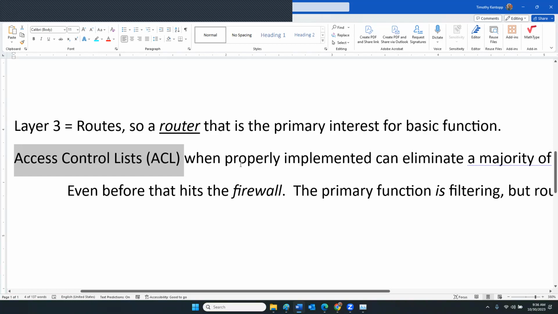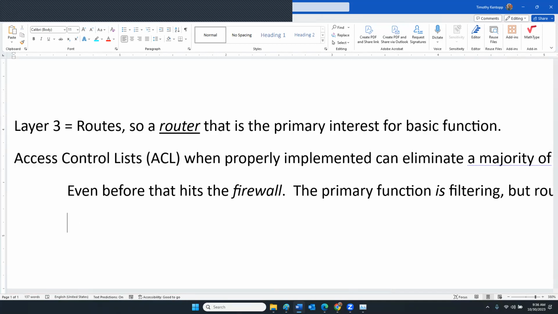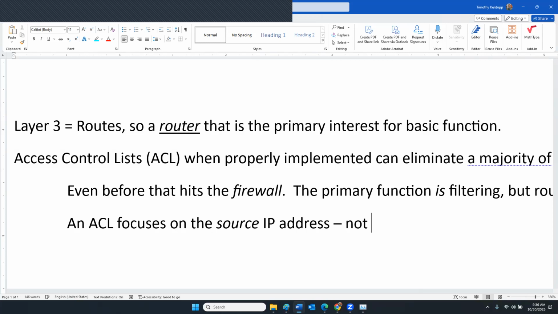And when packets aren't coming from this source, drop them. When we talk about this, an ACL focuses on the source address. Not the ports.